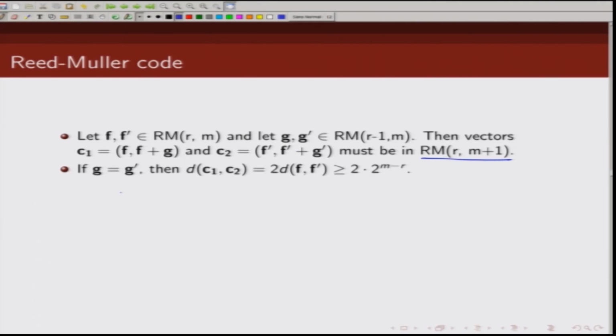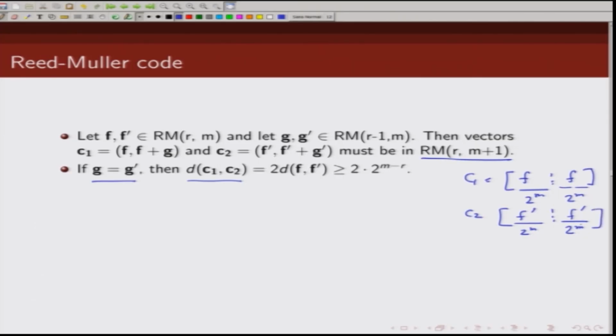So, the first case that we will consider is when g is the same as g', and the second case is when g is not the same as g'. When g is the same as g', what is the minimum distance between C1 and C2? Now, if g and g' are the same, then your code word C1 is nothing but f of length 2^m and another f of length 2^m, and C2 is f' of length 2^m and then f' of length 2^m.